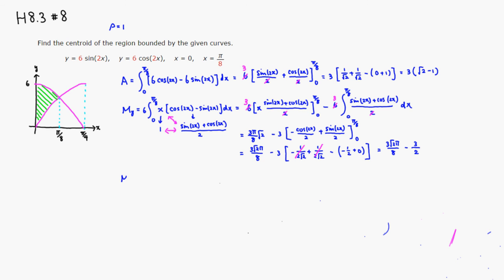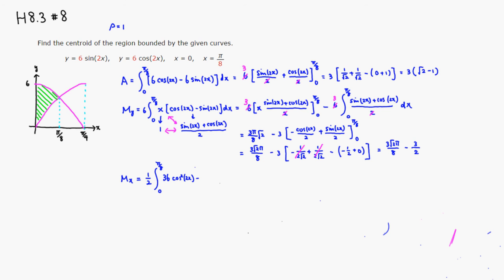So m sub x, the moment with respect to the x-axis. Remember that it's 1/2, and the integral goes from 0 to pi over 8. Then you have to square the top, so we're going to square that. It's 36 cosine squared of 2x minus 36.